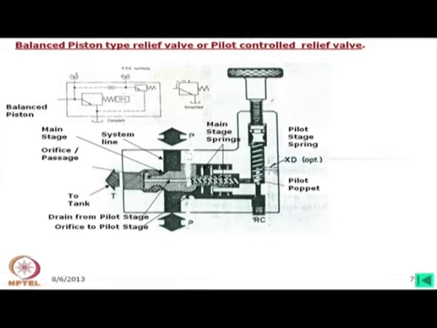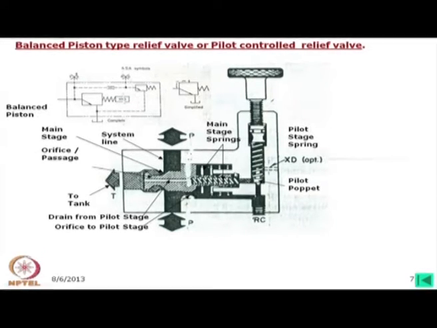In many cases there will be an external drain port through which the oil will go out. It is better if we can take this oil out separately, from a cooling point of view, but in most cases you will find this is closed and this oil is going internally through this single outlet.